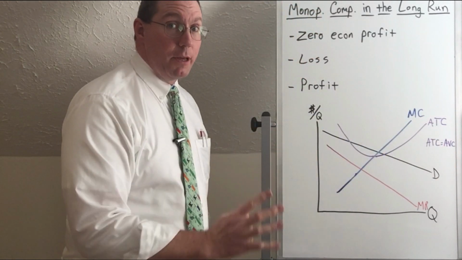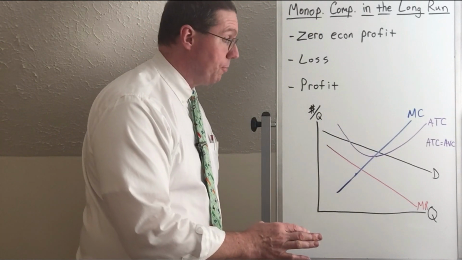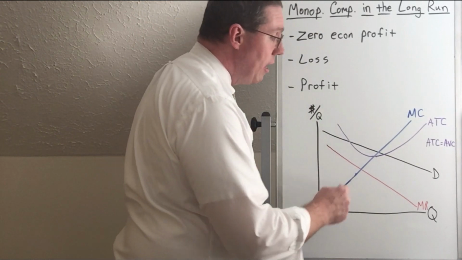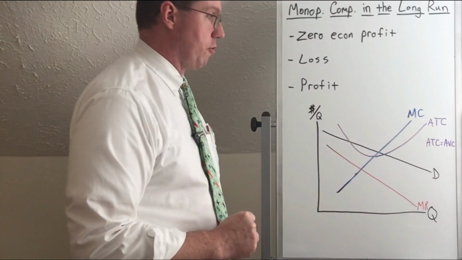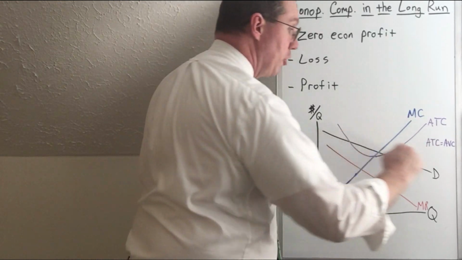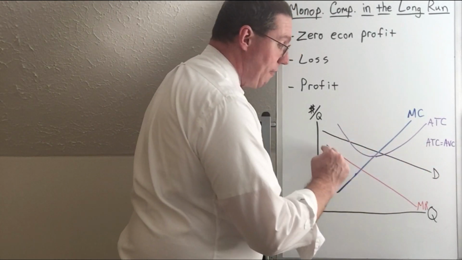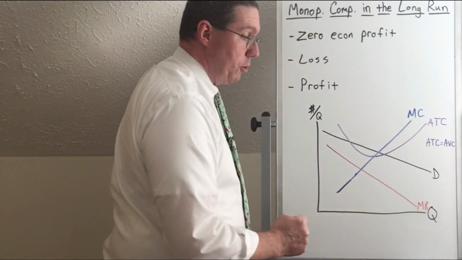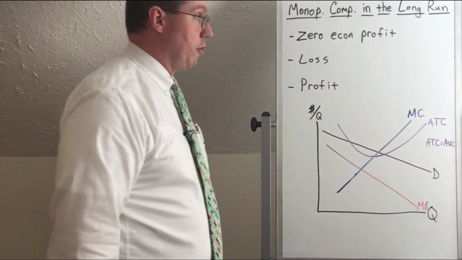They are the same thing because all of the costs are variable in the long run. Therefore, we don't have a separate average variable cost curve. We only have an average total cost curve. We still have our downward sloping demand curve, but it's not as steep as a monopoly. We have our separate marginal revenue curve because we're price setters, and we have our marginal cost curve.